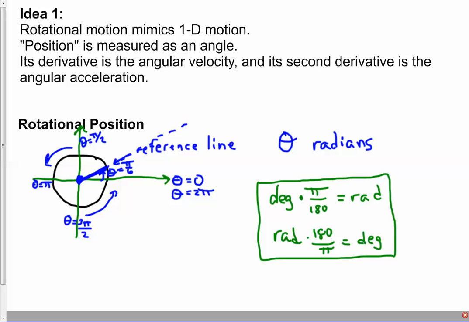But it doesn't matter, it's just a choice. You pick a reference line on your object and then you measure the angle from there, and that's how you tell where the object is rotationally, how it is oriented.